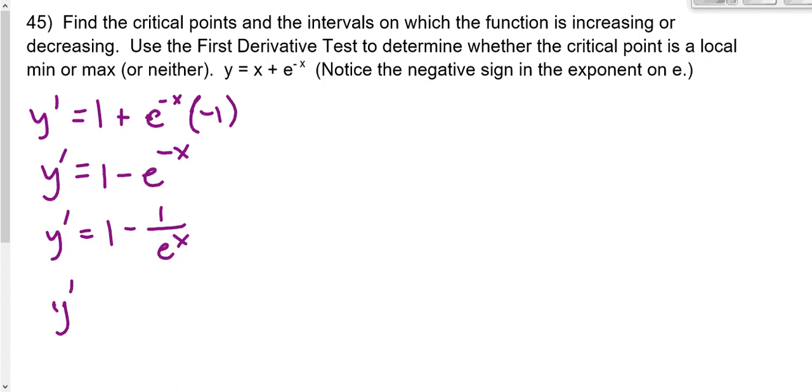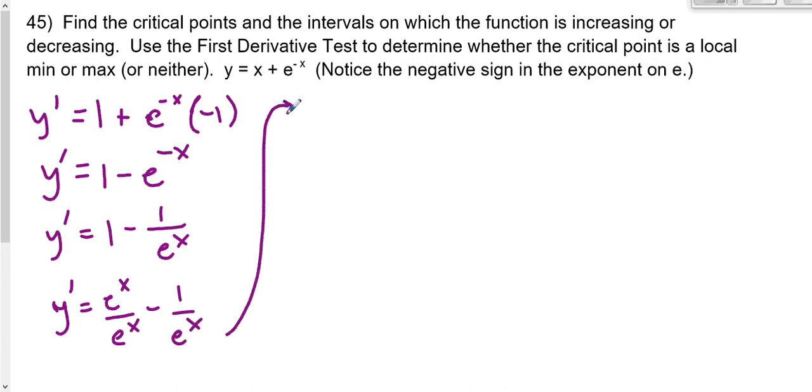So I have e to the x over e to the x minus 1 over e to the x. So that's going to be y prime equals e to the x minus 1 over e to the x. Finally, that's the form of the derivative that's easier to set equal to 0 on the top and the bottom.